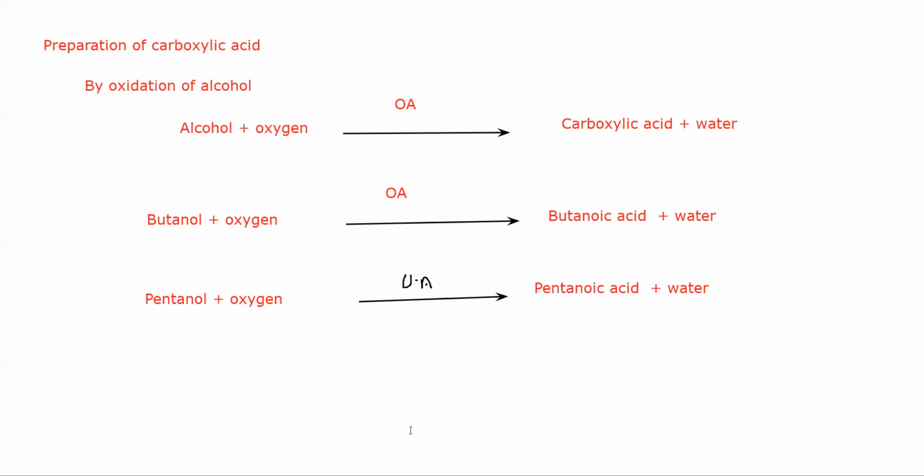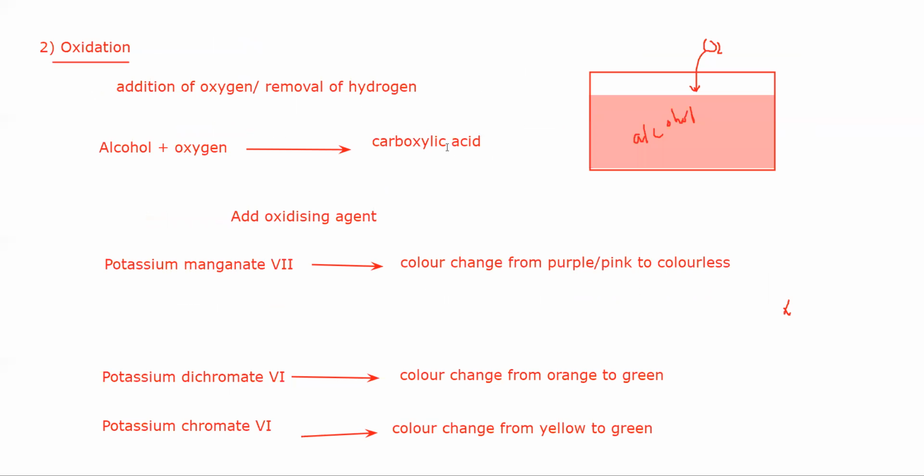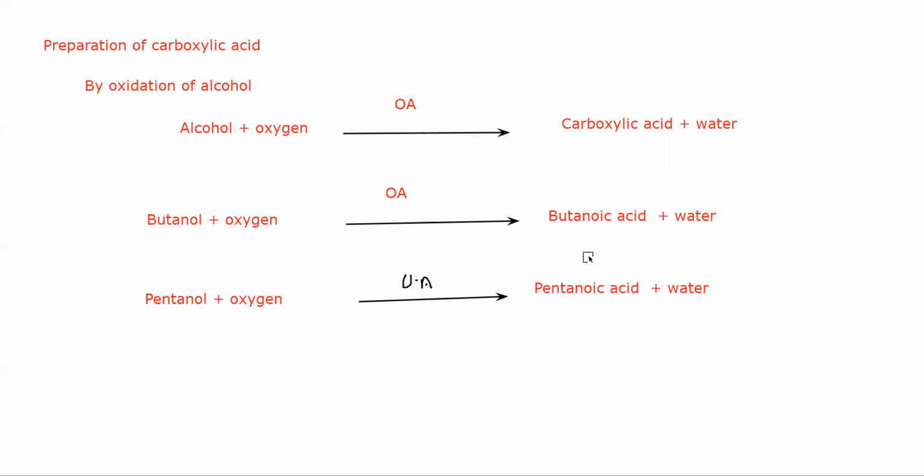This is how we prepare carboxylic acid, by oxidation of alcohols. In the previous example also do a correction: I forgot to write water in the product, actually water is also there. So just do the correction, water is there. This was oxidation of alcohol. So the same thing, oxidation produces carboxylic acid plus water.